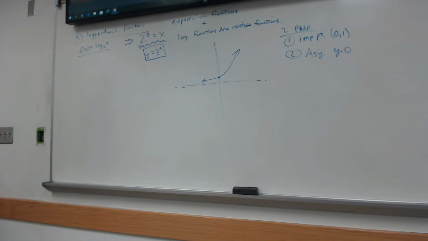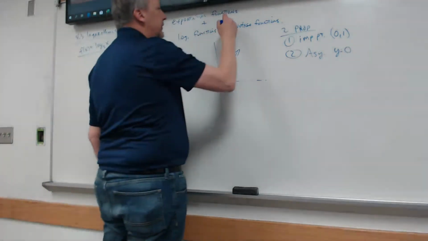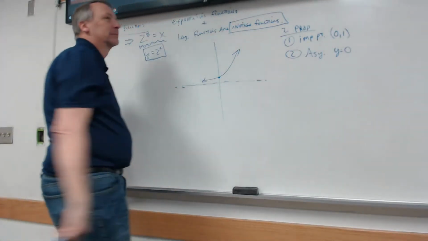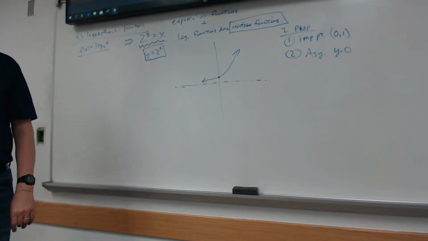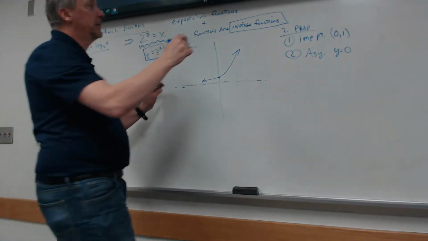Now the next question is, we know that these are inverse functions. This kind of goes back to Nathan's question. What do we remember about inverse functions? So we're going to swap the x and the y, right?